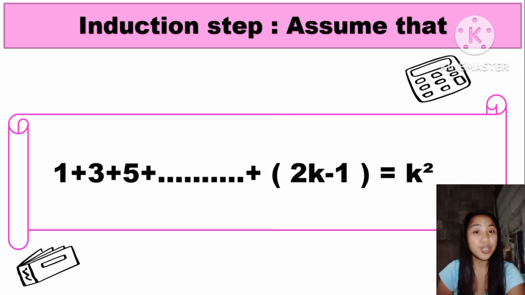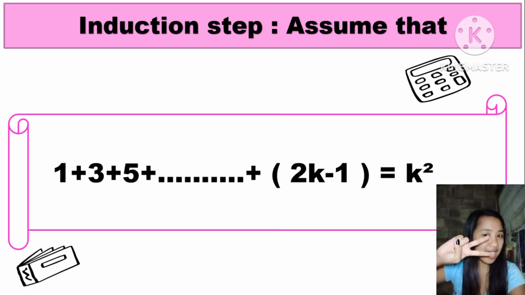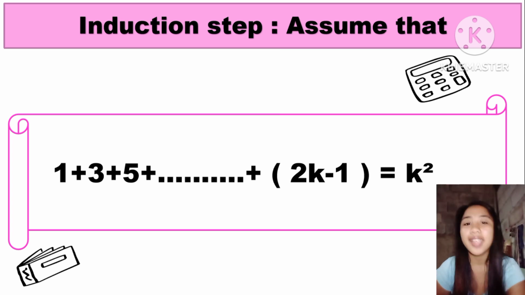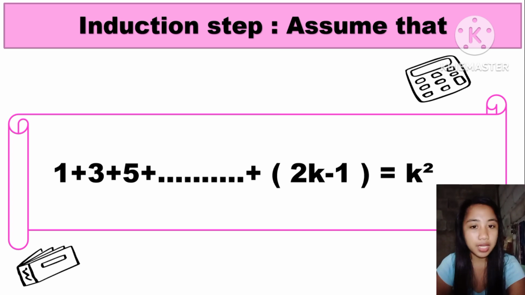Okay, so let's proceed to our second step, also known as the induction step. In here, we need to assume that n is equal to k. By doing so, our new equation will be 1 plus 3 plus 5 plus ellipsis plus the quantity of 2k minus 1 is equal to k squared.